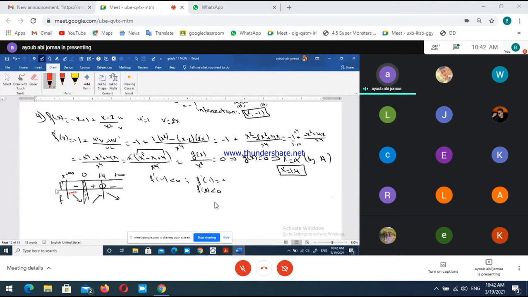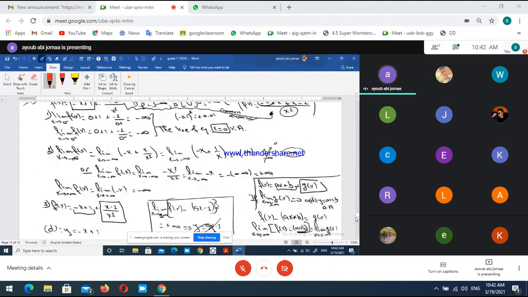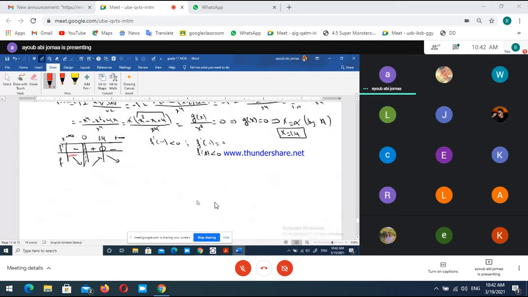At 0 minus, limit as x approaches 0 minus was negative infinity. Here 0 plus was also negative infinity. At positive infinity was negative infinity.